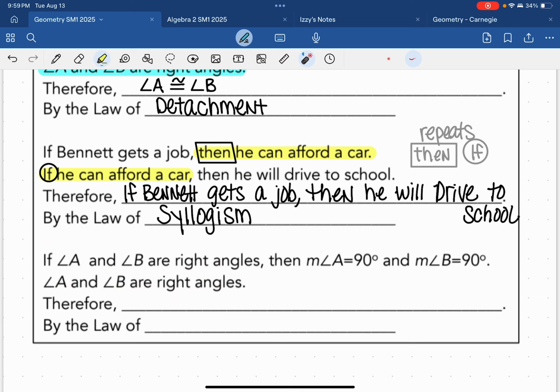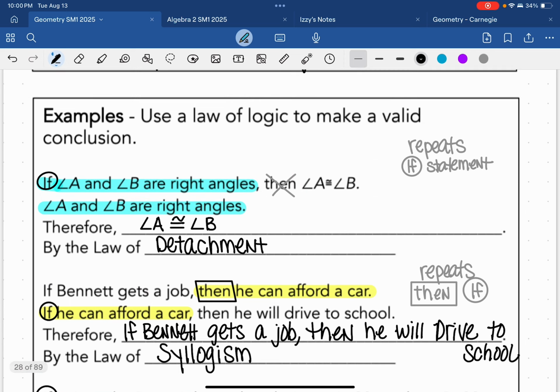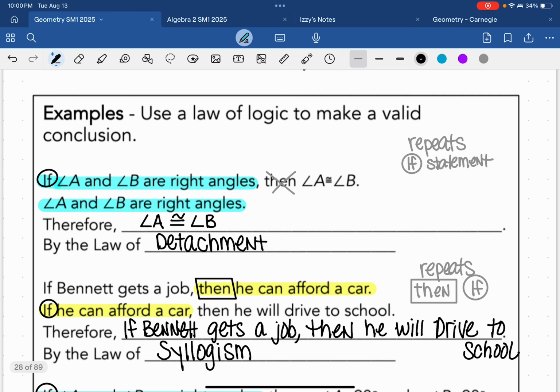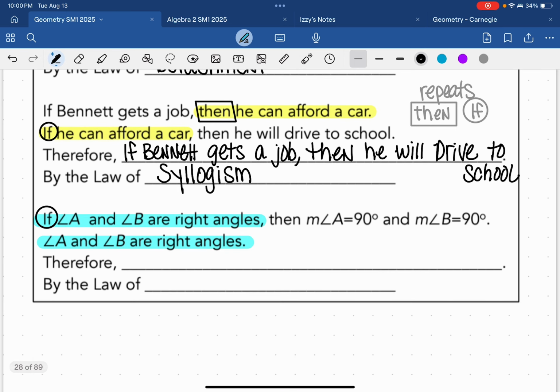I don't see the "then." So I'm going to grab my blue highlighter, and I'm going to circle that word "if," and I'm going to look back. Well, it's not this one. It's not the law of syllogism, so I'm going to check my law of detachment. The "if" repeats. So this is going to be the law of detachment.